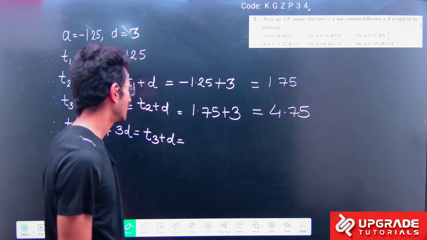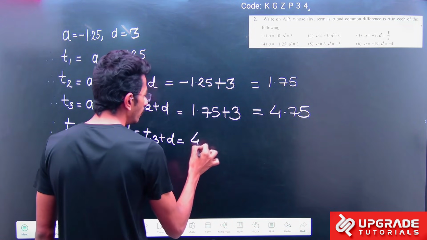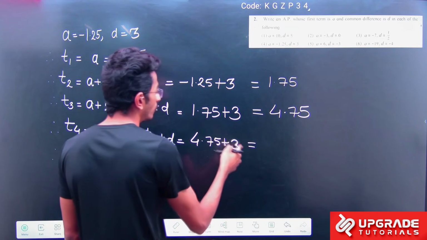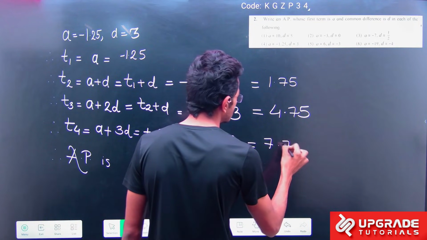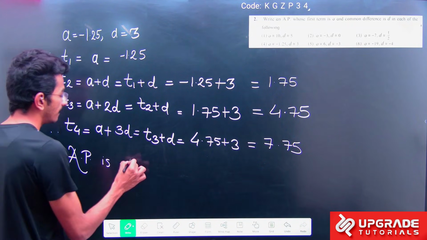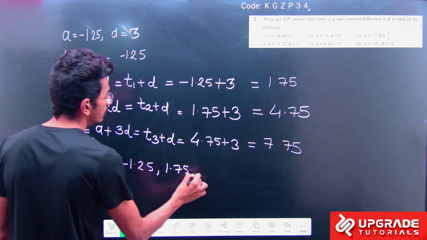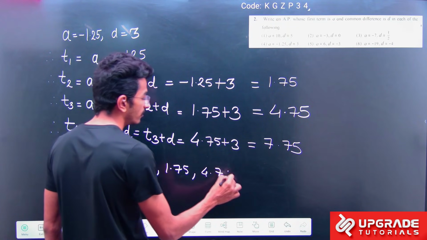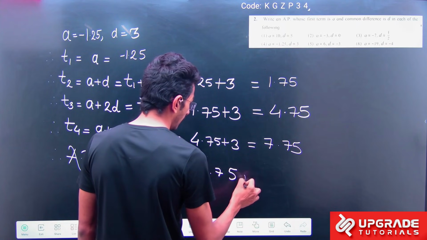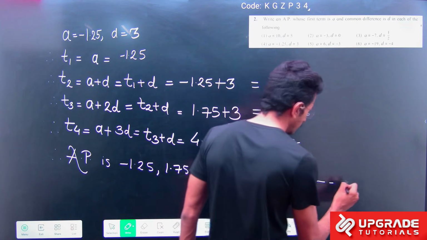Easy. Next, T4. Take the number above and just add 3. 4 plus 3 is 7.75. So, AP will be minus 1.25, 1.75, 4.75 and 7.75 and so on.